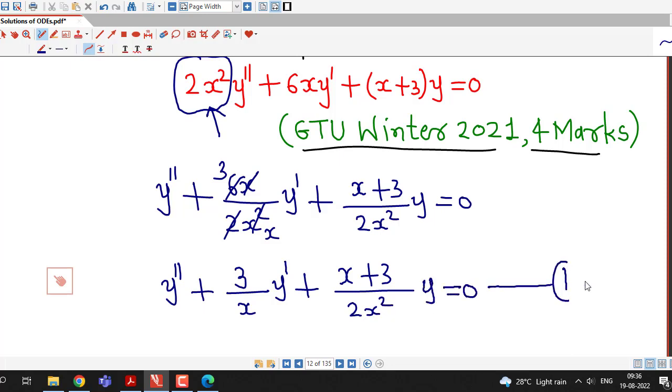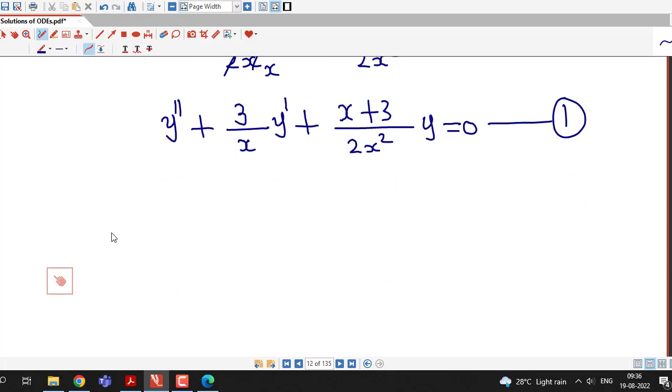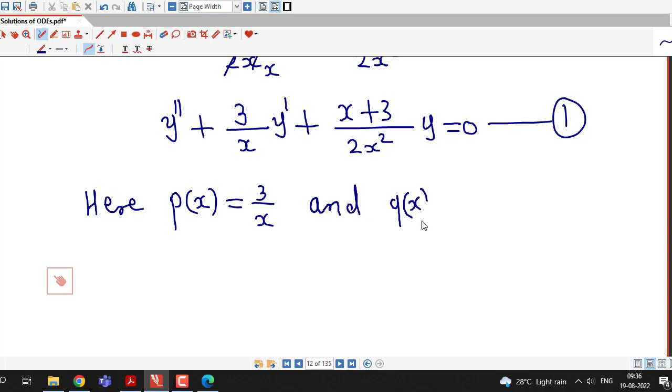And if I compare with standard form, then I have to write the coefficient of y′ as p(x), which is 3 by x, and the coefficient of y as q(x), which is (x+3) divided by 2x².